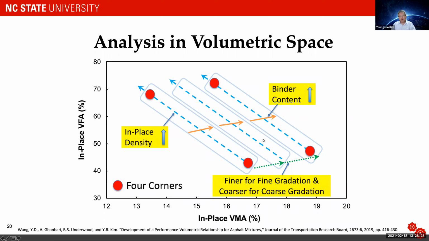You can predict what happens to the material with these volumetric properties by using performance data from these four corners. Okay? And this paper talks about why four corners and so forth.